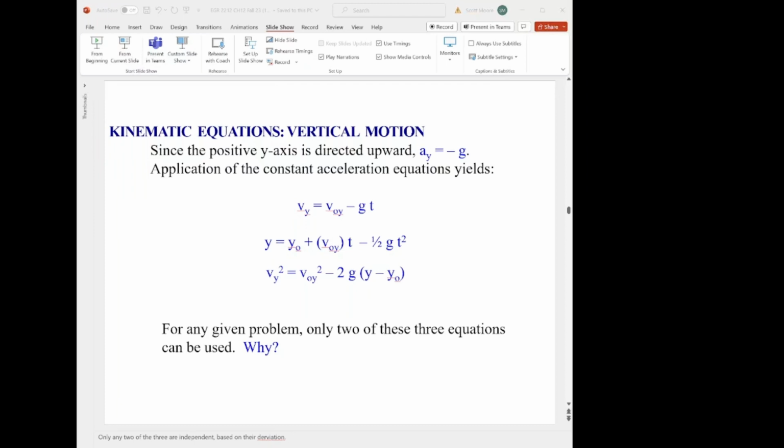Well, you only need two of these, depending upon what's given and what you're looking for. Of course, if you're given the initial velocity and you have the angle, you could solve for the y component by rearranging this equation.